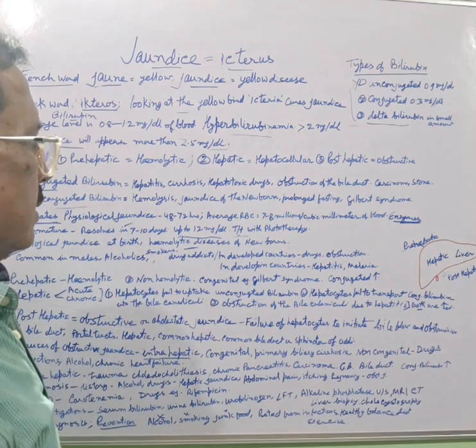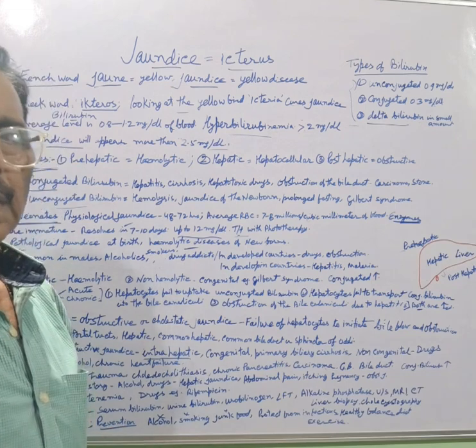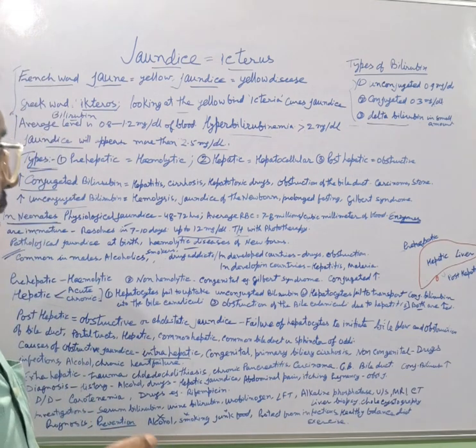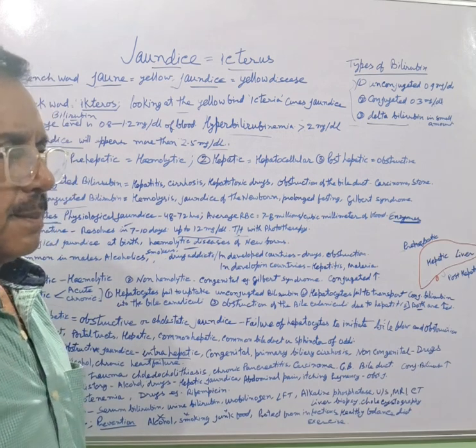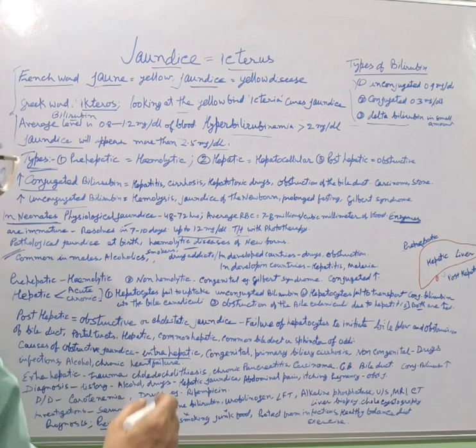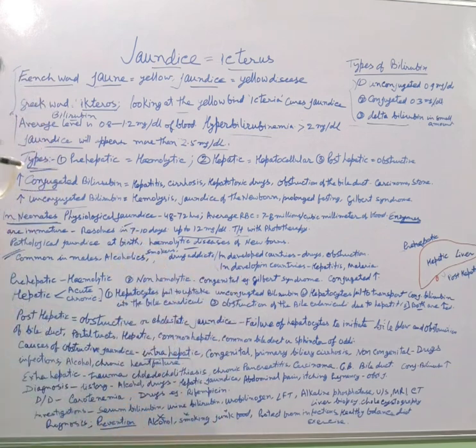In developed countries, drugs and obstructions are main causes, and in developing countries, infection with hepatitis A, B, C, or malaria or parasitic infection are more common causes of jaundice.